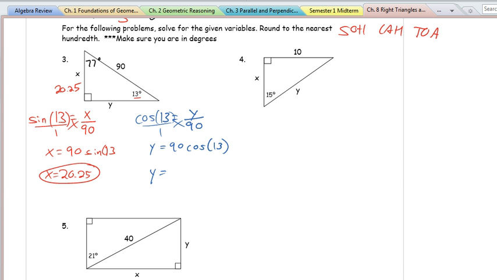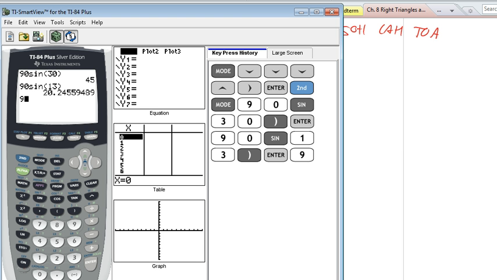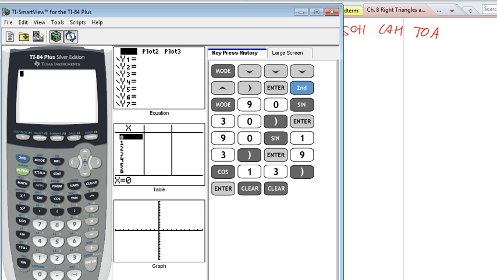Punch that in. 90 cosine 13 comes out to be about 81.67. You might be thinking it should be 20.25, whatever we got before, but that's not necessarily the case. I just got something different than what was on my calculator. Let's try that again. 90 cosine 13.